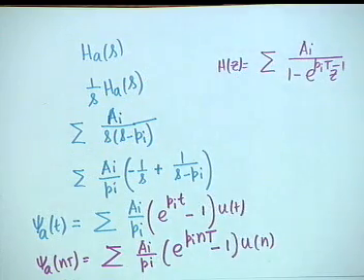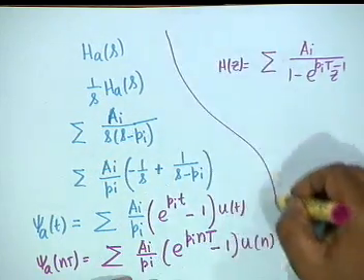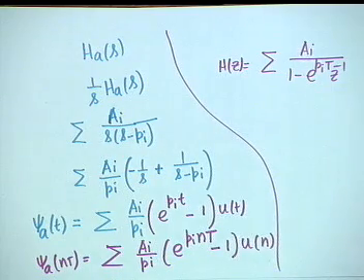Now, if you want to find out the unit step response of this digital filter, then what do you do? You multiply by the z transform of the unit step. What is the z transform of the unit step? 1 by 1 minus z^(-1).